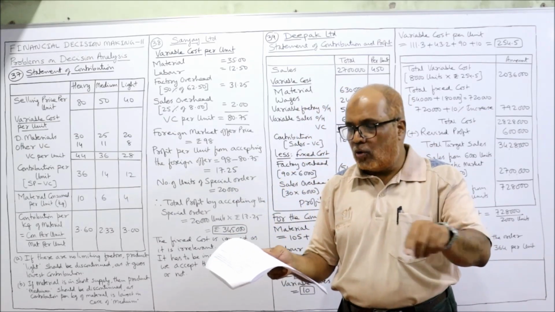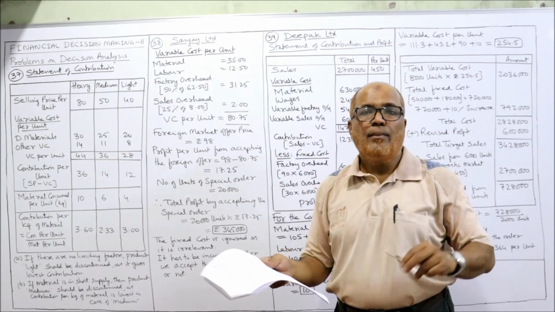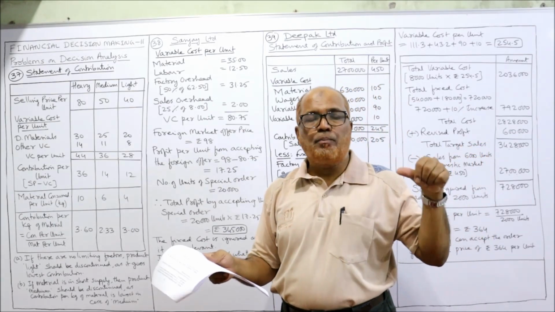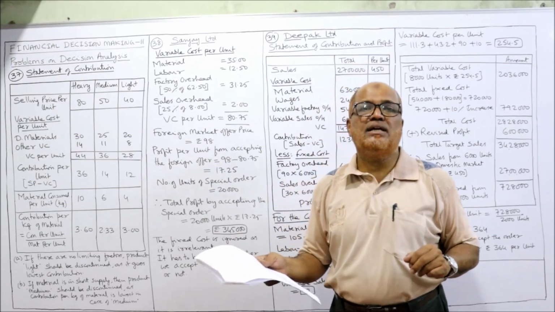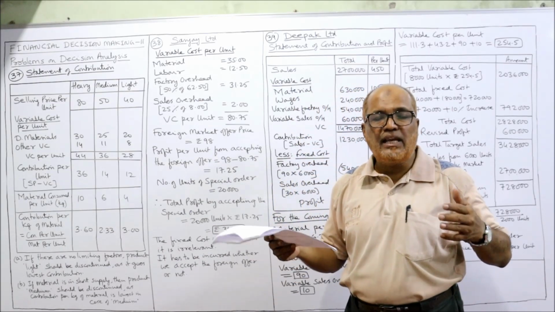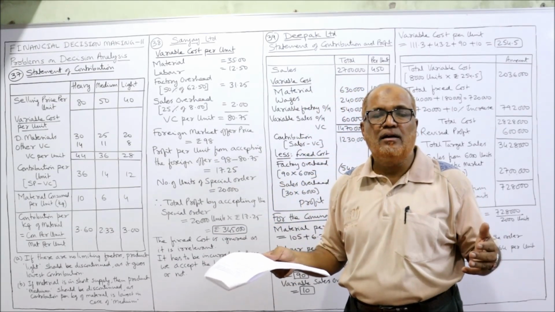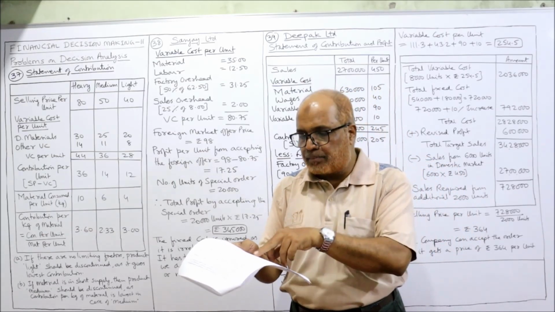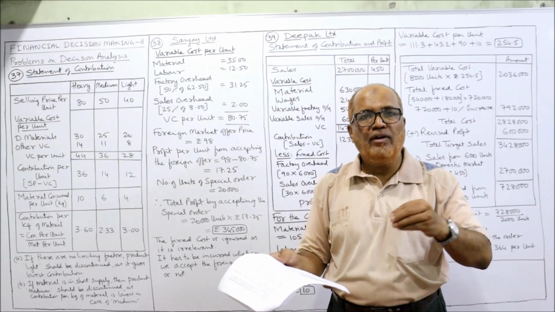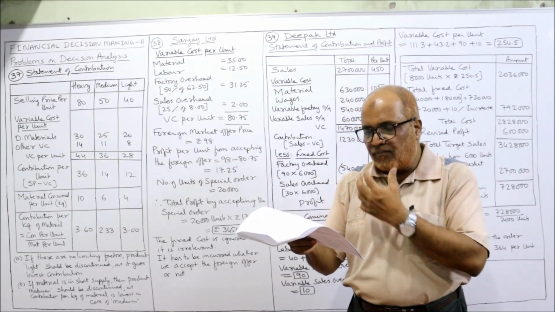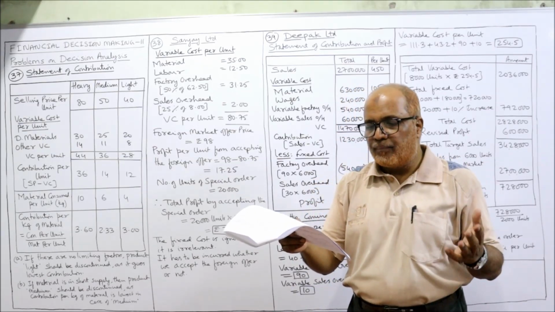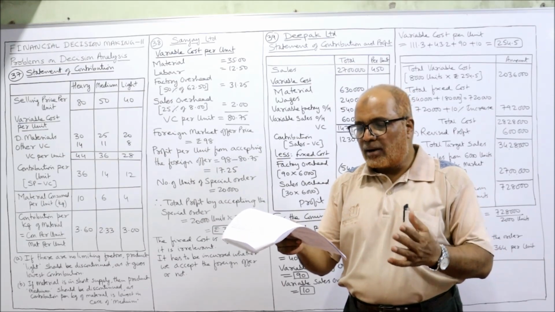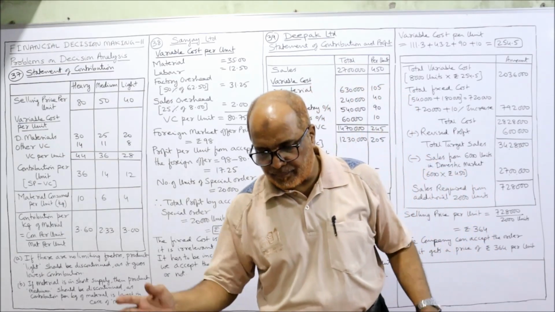We are selling in the home market at 143, but the foreign customer wants to purchase at rupees 98. Now we have to analyze and decide whether the foreign offer, the special order, can be accepted at 98 or should we reject it. There is sufficient spare capacity available with the company. Should the company accept or reject the offer?